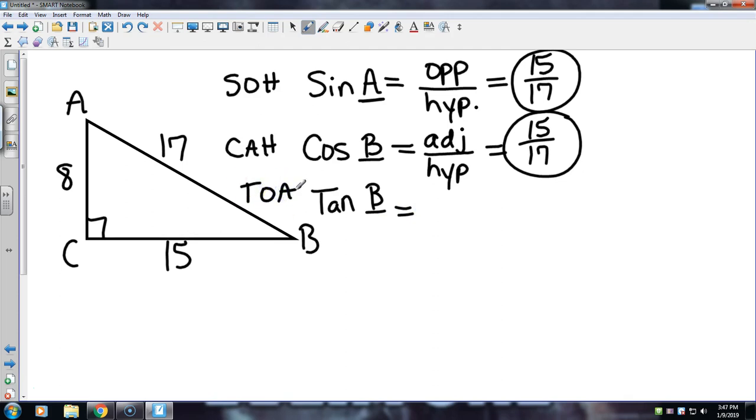So we are looking at opposite over adjacent. Okay, so in this case, from B, opposite is going to be 8, and adjacent is going to be 15.